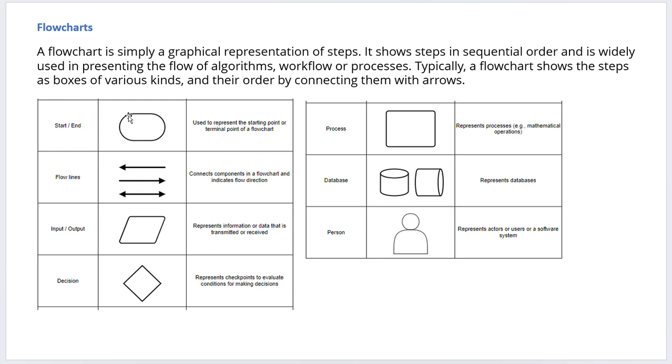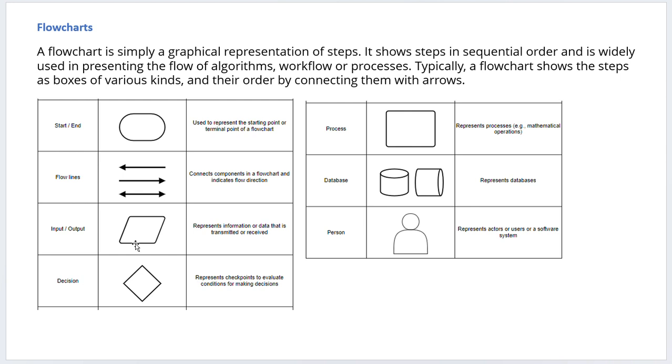Each symbol represents some meaning, so we have to understand them when we are drawing a flowchart or an architecture diagram. If you see the first one, start and end: this symbol is used for the starting point and ending point. Generally we call it a terminal point. Then the arrows, or flow lines, are generally used to connect the diagrams.